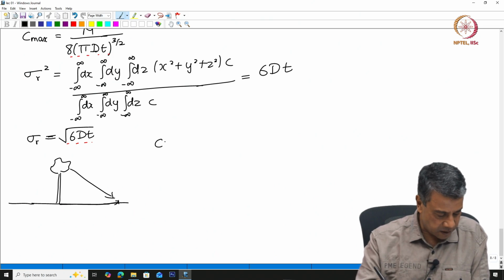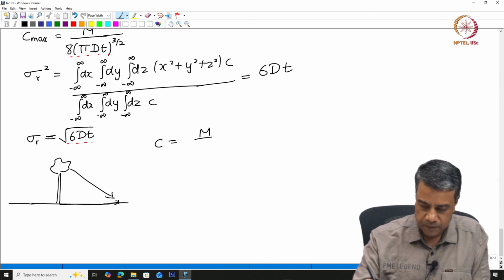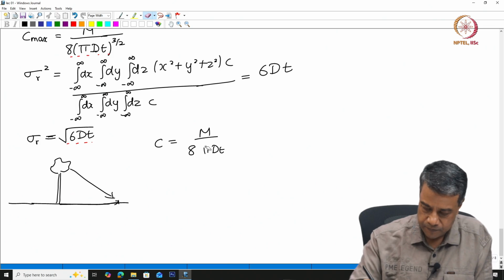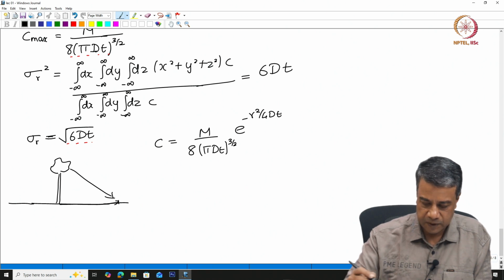So, the concentration at a particular location is equal to m by 8 root of pi Dt, to the power 3 halves, e to the power minus r square by 4Dt.